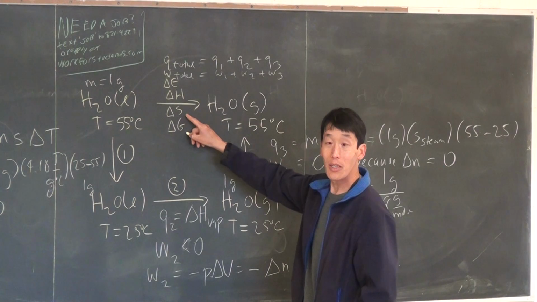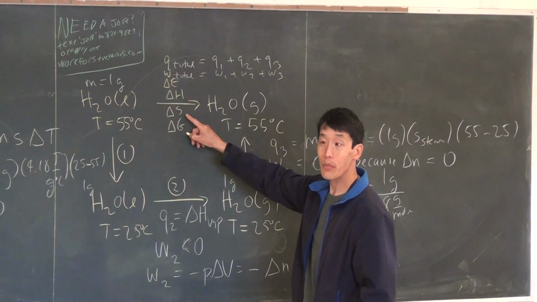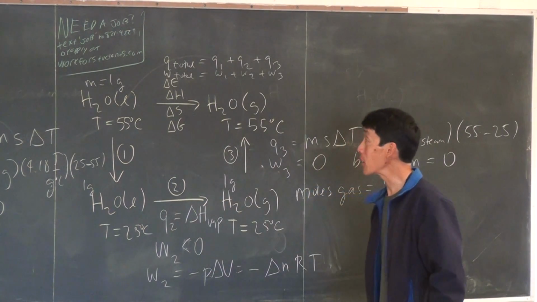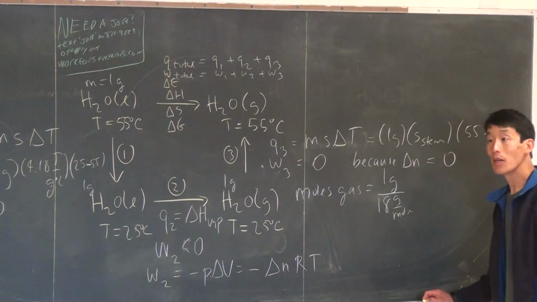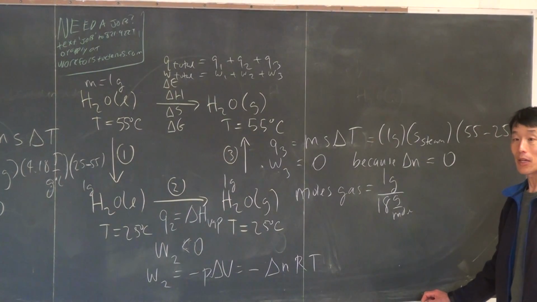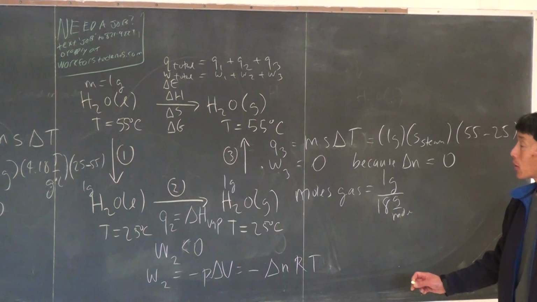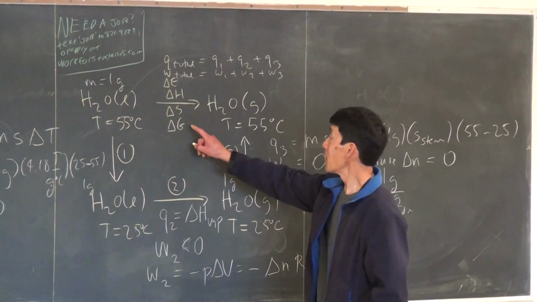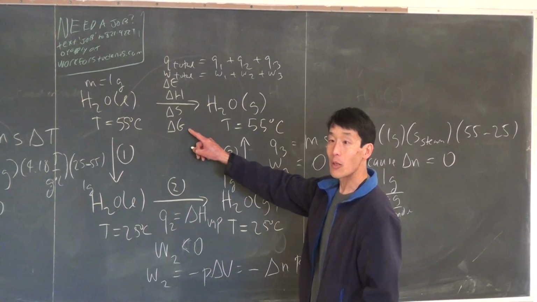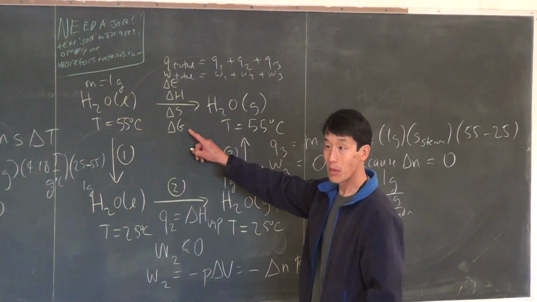Delta S is greater than or equal to Q divided by T, and then delta G is equal to delta H minus T delta S. Okay, so would you expect delta G to be greater than 0 or less than 0?